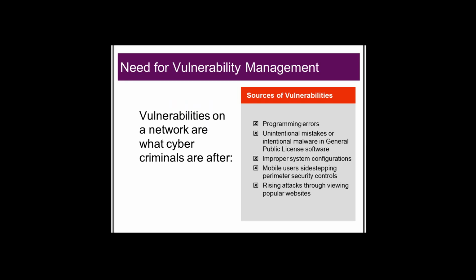Now, vulnerabilities on your network are what cyber criminals are after. As I said before, we have a large amount of PHI information in my organization, and as I said, we're targeted on a daily basis. We have a security operations center, we have incident responders, we have investigators, all these things within our organization to try to keep your health information safe.